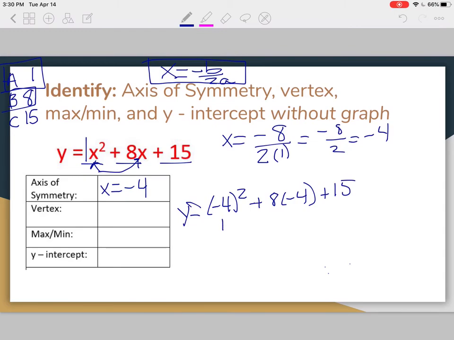So negative 4 squared is 16, 8 times negative 4 is negative 32, plus 15. Put that in your calculator, and you will get negative 1. Sorry, negative 1. Then your vertex is the negative 4 that you already had, and y is negative 1.